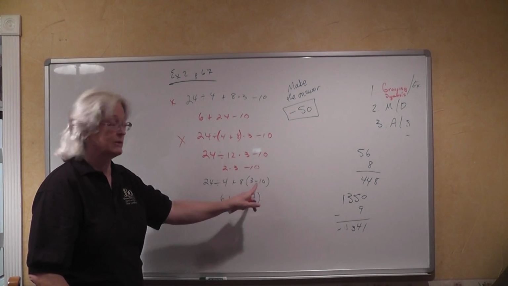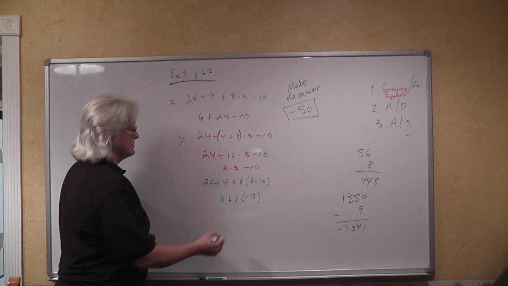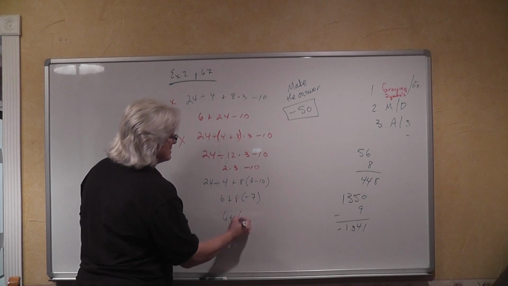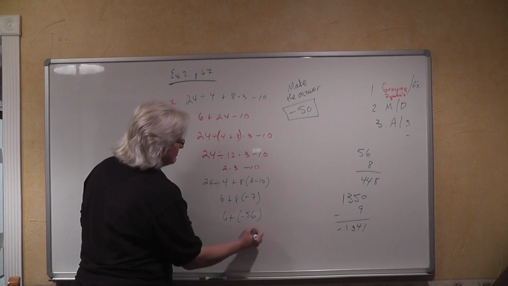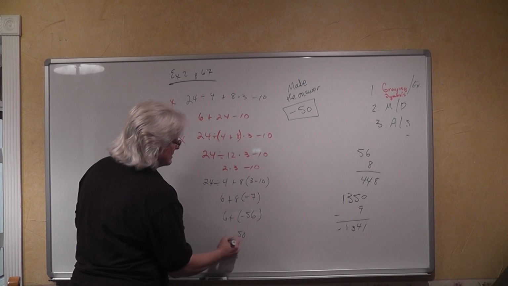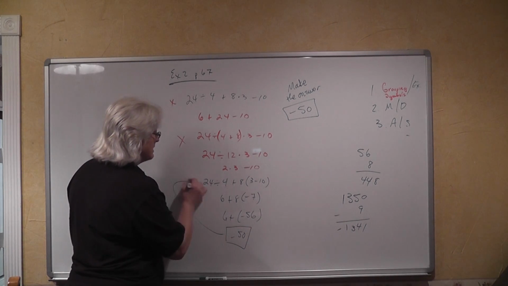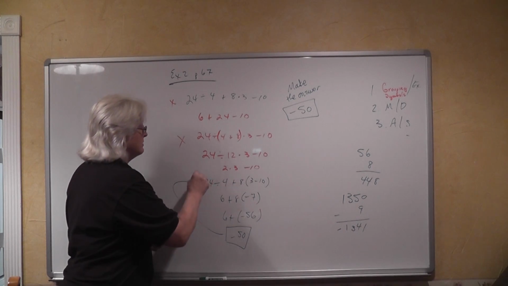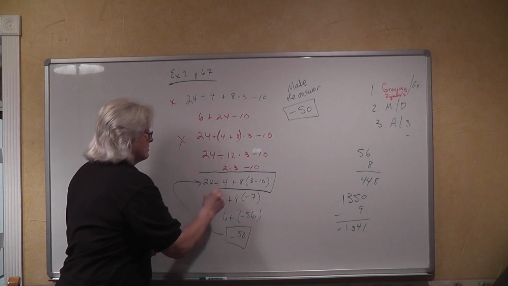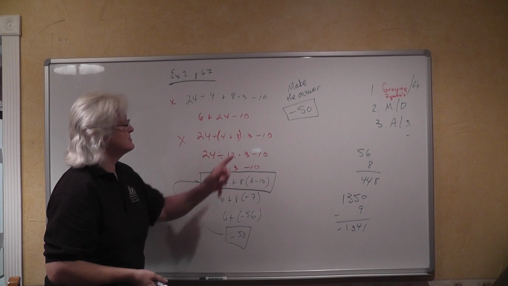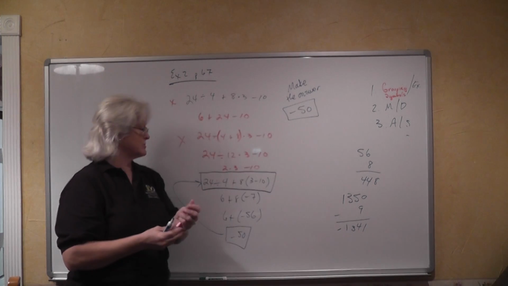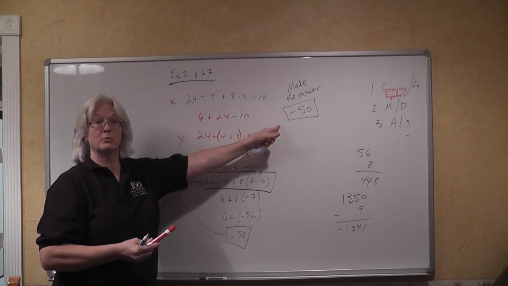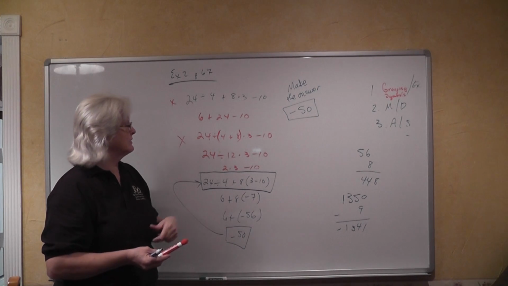You use the negative in front of the 7. 6 plus a negative 56. This right here is the solution that they're asking you for, because they said insert grouping symbols so that you end up with a result of negative 50.